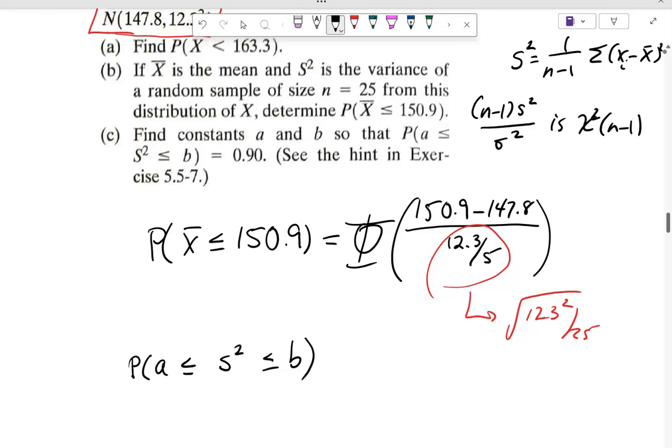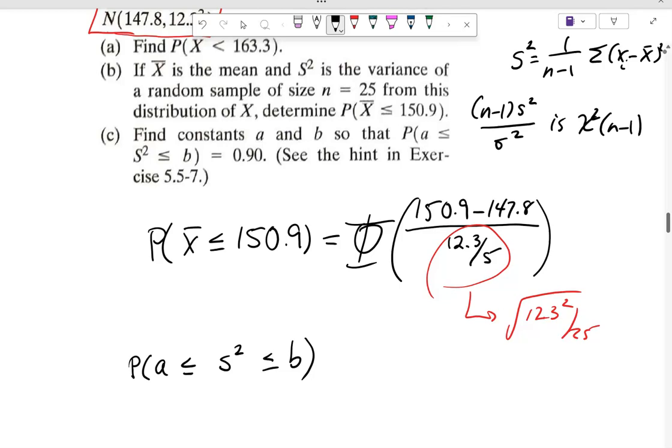All right. Now I want to create a chi squared in the middle. To change s squared into a chi squared, what do I need to multiply by and what do I need to divide by? Need to multiply by n minus 1 and divide by sigma squared, right?